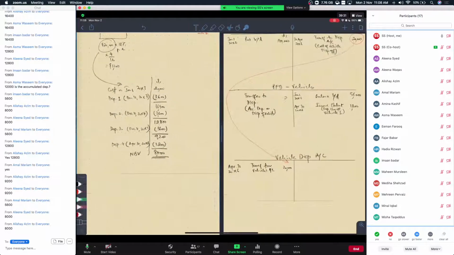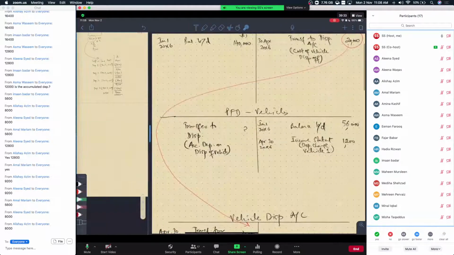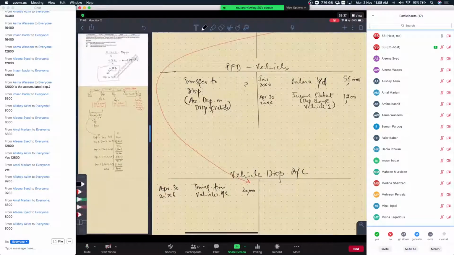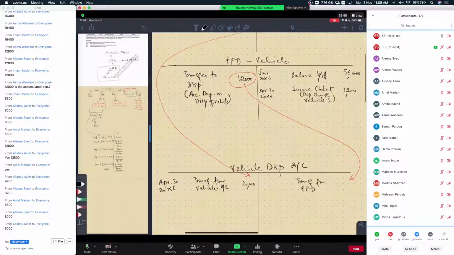So what are we going to do now? We are going to take $12,000 from here, and we will transfer this $12,000 to the disposal account, completing the double entry on the credit side, transferred from the provision for depreciation account, right?